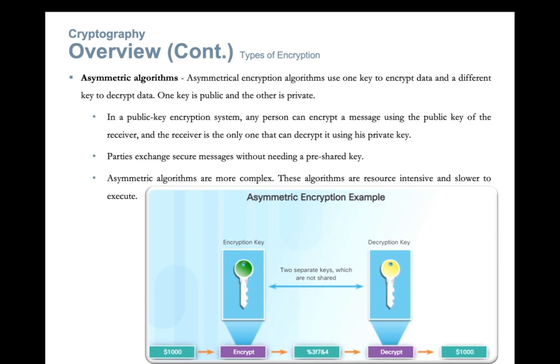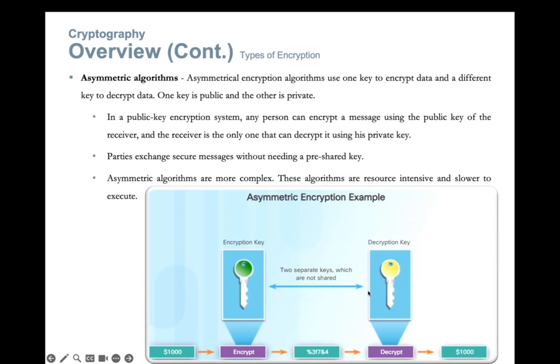The receiver is the only one who can decrypt it, using the private key which is available with the receiver itself. So parties can exchange secure messages without needing a pre-shared key. You can see these two separate keys which are not shared.